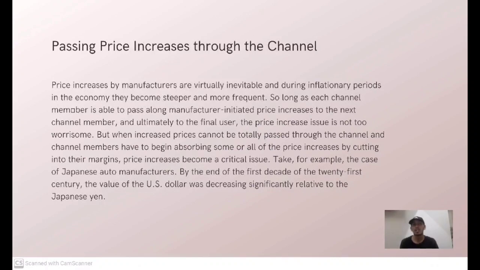But when increased prices cannot be totally passed through the channel and channel members have to begin absorbing some or all of the price increase by cutting into their margins, price increase becomes a critical issue.